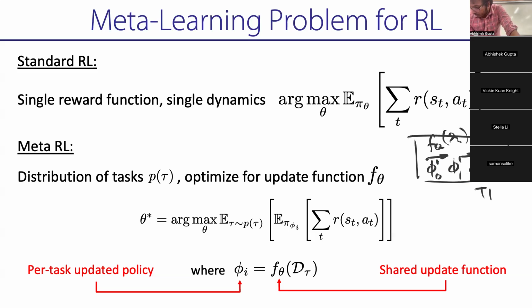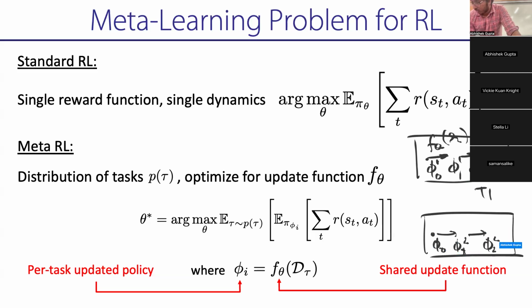Then for another task, you'll repeat the same adaptation procedure. You'll start from the same phi naught, but you'll update to phi 1 2, phi 2 2, phi 3 2. You're going to use the same update rule, but it's going to take in different rewards, and each of the phis will be updated differently per task.